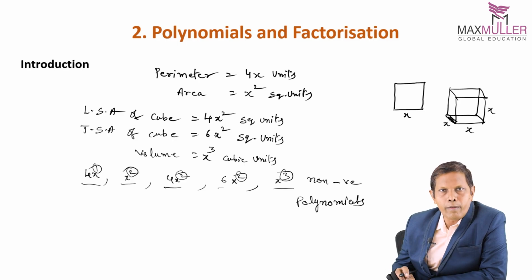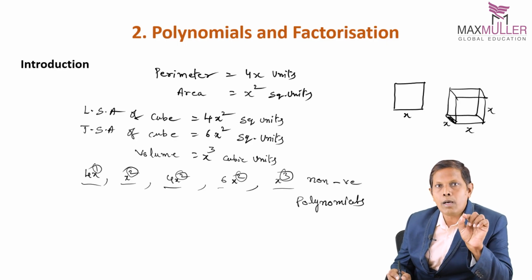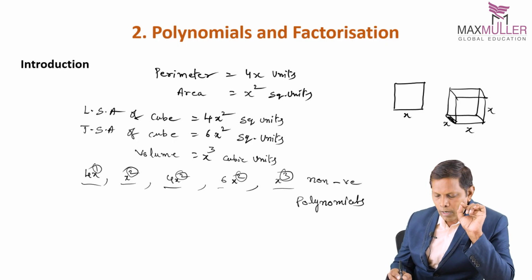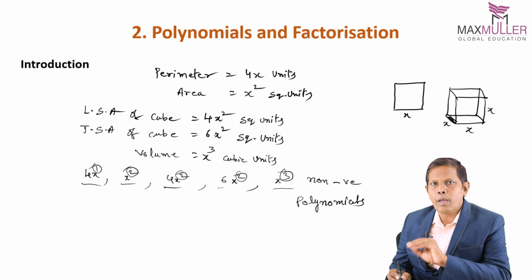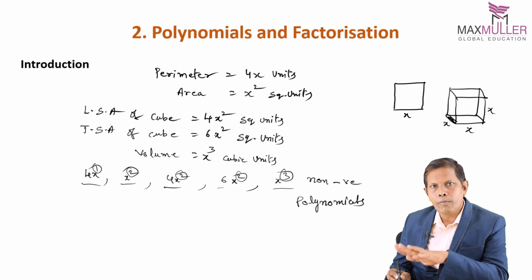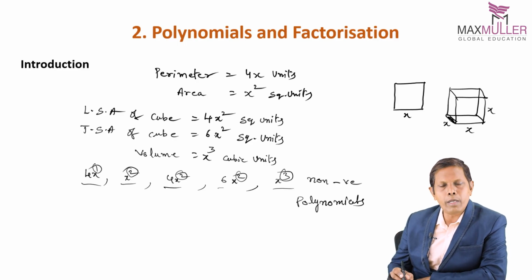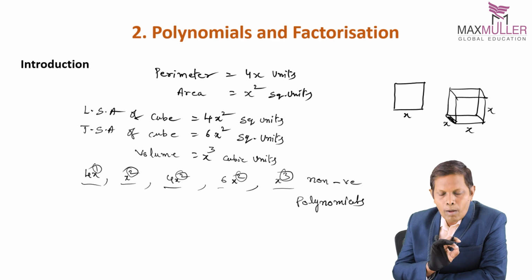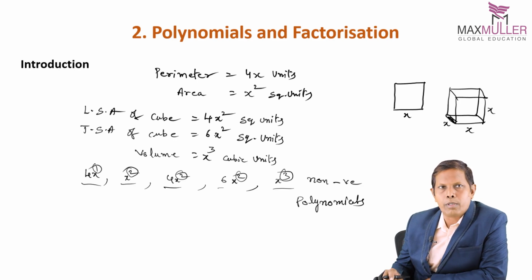Now you can identify polynomials. You know algebraic expressions already, but you have to identify what are polynomials. One conclusion: every algebraic expression need not be a polynomial, but every polynomial is an algebraic expression. An algebraic expression is a combination of numbers and variables.